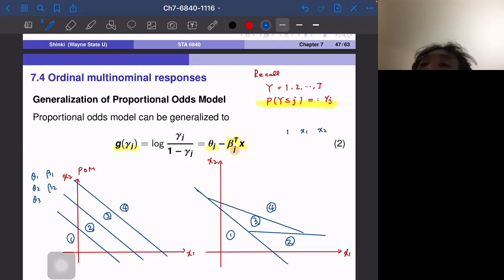But if the generalization of the proportional odds model is used, we have theta 1, theta 2, theta 3, and also the coefficient for x1 is different for each model: beta 1,1, beta 1,2, beta 1,3, and the coefficient for x2 is also different: beta 2,1, 2,2, 2,3. So we have in total 9 parameters. The number explodes if we have many categories.